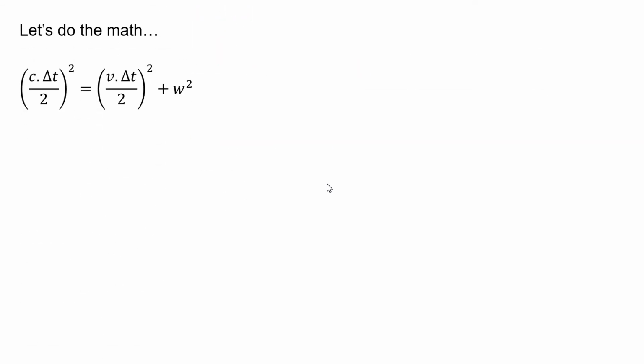The math, although there's a lot of symbols, is actually very simple. This whole equation is basically a rearrangement. We move the 2 over to the left side, then we square both sides, take out the root. Now we expand the left side, and as we move the v delta t over 2 over to the right side, we expand it out.